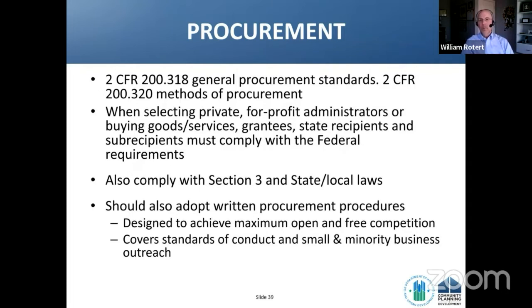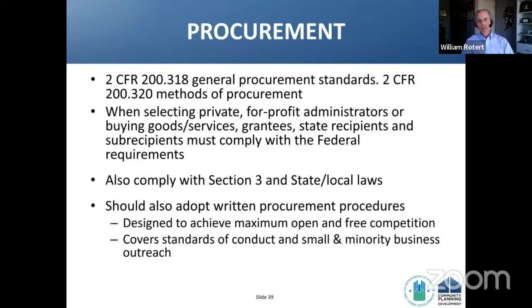For those of you who have been around federal programs for a long time, OMB has added a new option called micro purchase, which I think is going to come in handy if you haven't looked at those rules in a while. Those rules basically describe the methods for procuring, selecting private for-profit administrators or buying goods and services.